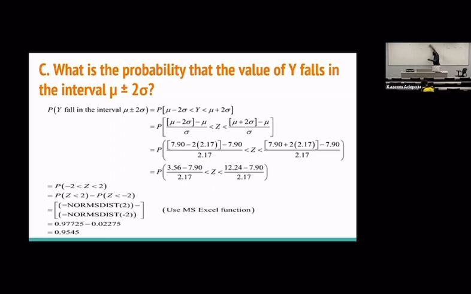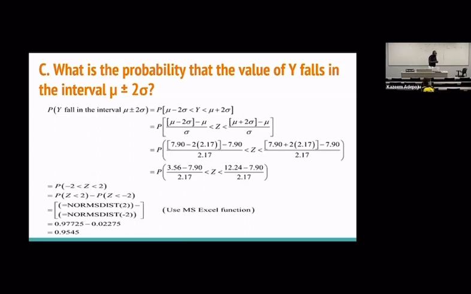Let me use Y here: Y lies between mu minus 2 sigma and mu plus 2 sigma, and that is why you're going to put this one and also that one, and that led to all that. In the end we're going to check from a normal table, which I'm still going to walk you through.